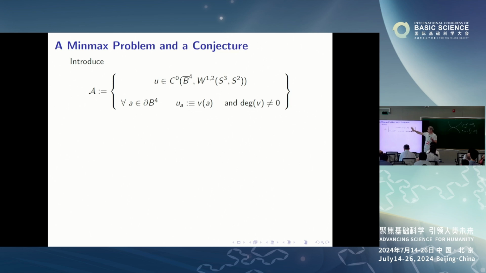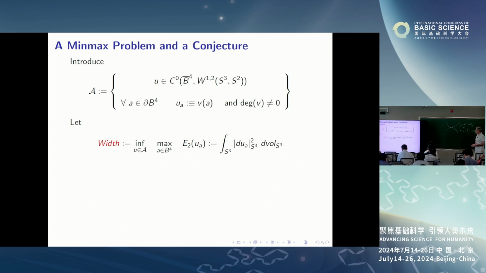So this is the power set of the space of maps in W^{1,2}(S3, S2), and you are going to perform a min-max on that. You take the Dirichlet energy and you take the min-max on this. Okay, and what you can prove is that first of all, this class is non-trivial.